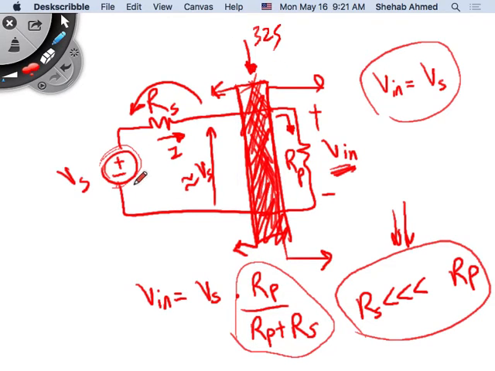We have a sensor. This sensor is either going to be modeled as a voltage source with a resistor in series, the Thevenin equivalent circuit of any device, or the Norton equivalent circuit of any device, a current source with a resistor in parallel. Then we take this sensor and connect it to a system.